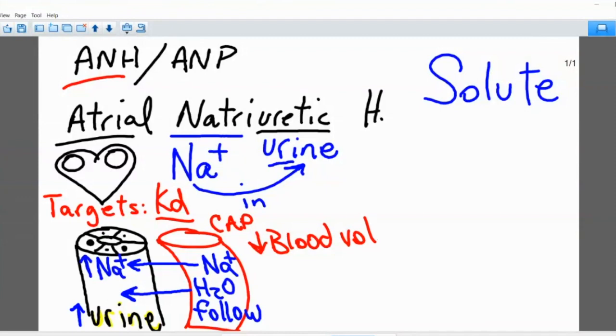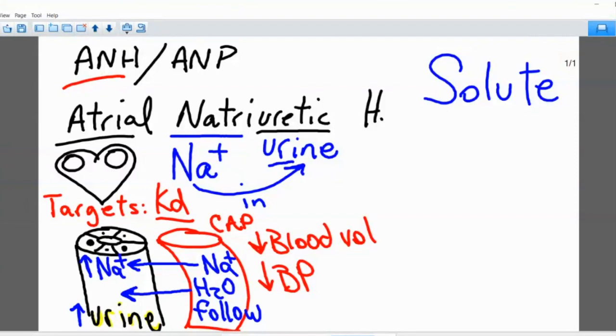So first we'll say the blood volume. And when you have less blood, now you have lower blood pressure. Absolutely. So what this hormone really does in the end, it drops your blood pressure. It lowers your blood pressure. This is your body's natural hormone to lower your blood pressure.